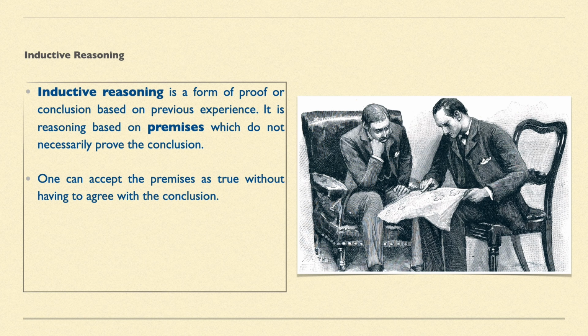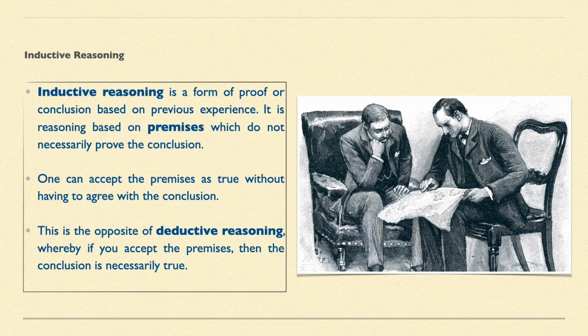Now, you can accept the premises as true, and you don't have to agree with the conclusion. So there are aspects of the argument which you might agree with somebody on, but the final result of that argument, the conclusion itself, does not have to be accepted.